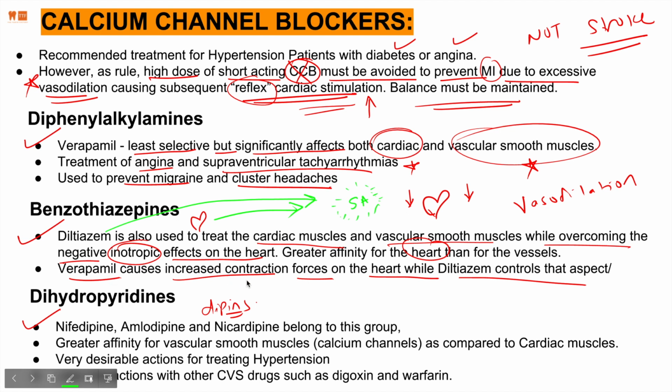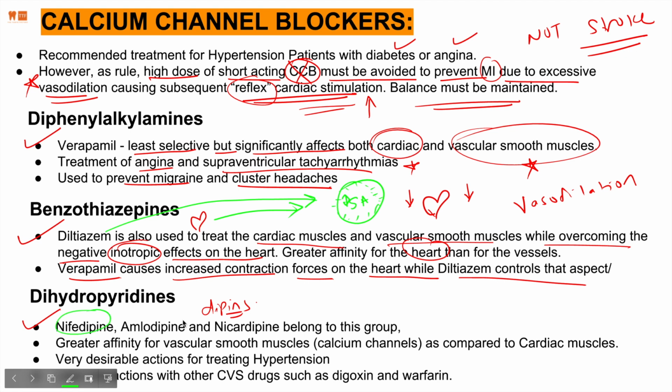Verapamil causes increased contraction. So verapamil causes increase in SA node contraction, while diltiazem controls that. So depending on the cause of the concomitant disease, we can prescribe either verapamil or diltiazem.